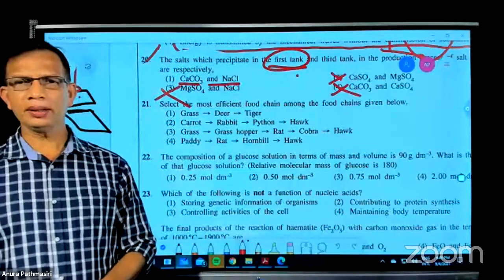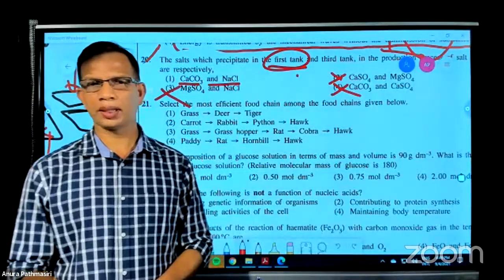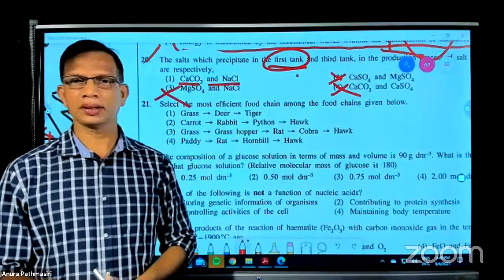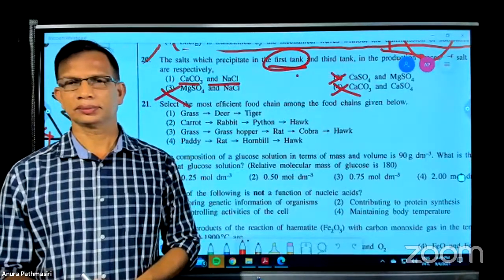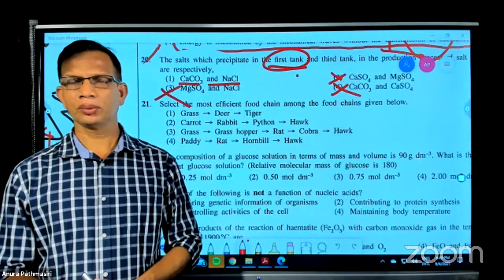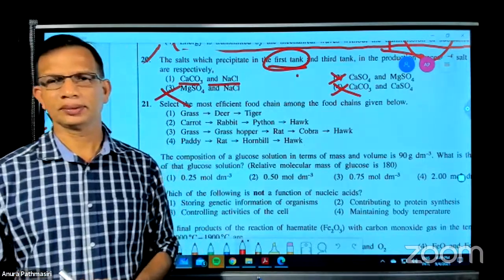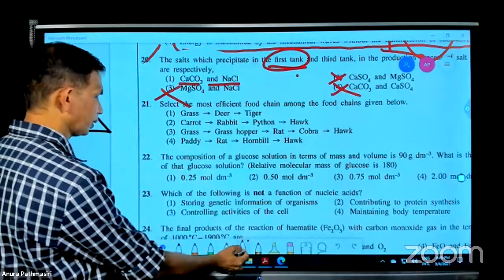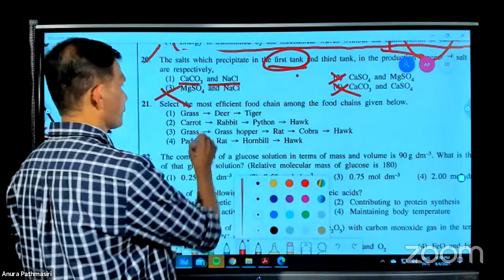What do you mean by efficient food chain? I'm going to read the examiner's idea.